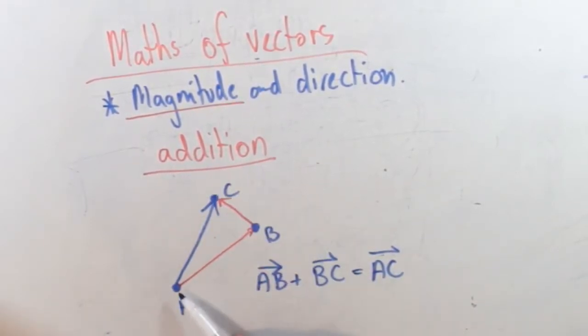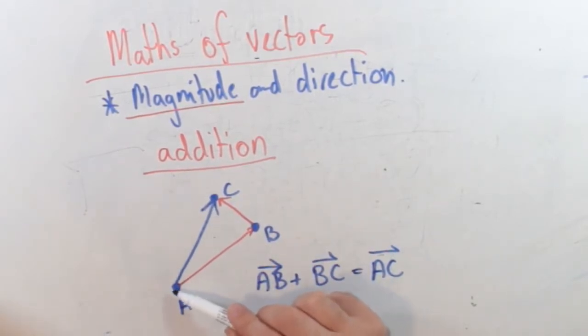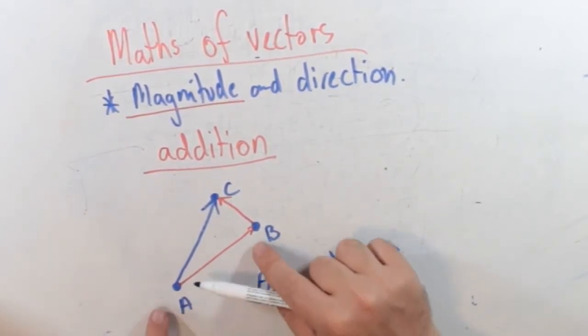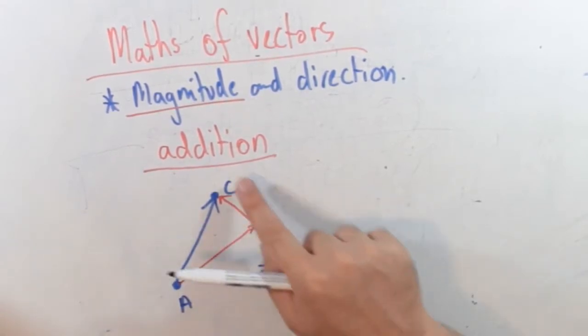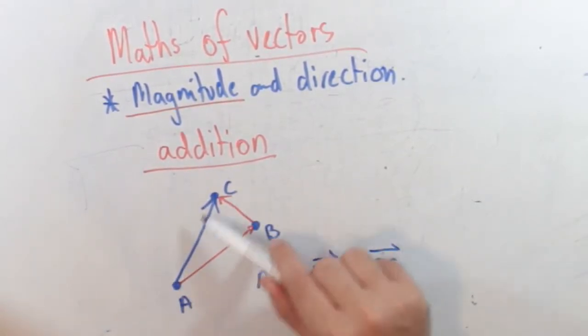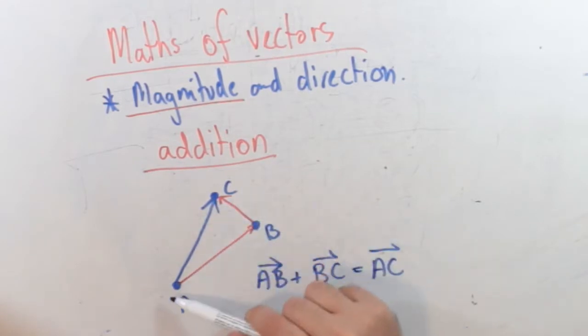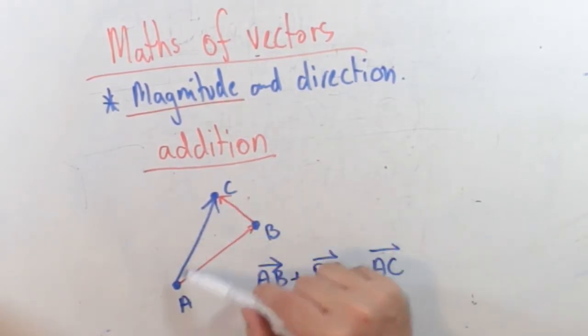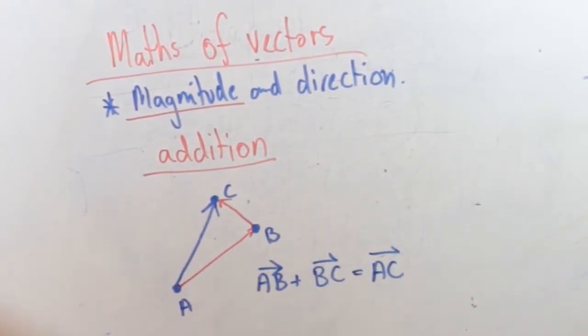Another way to think about it is in terms of physics. If someone pushes this way, and someone pushes this way at the same time, this one with a bigger magnitude and this one a smaller push in this direction, that would be the same as replacing these two with one big push in this direction. You would have the same result.